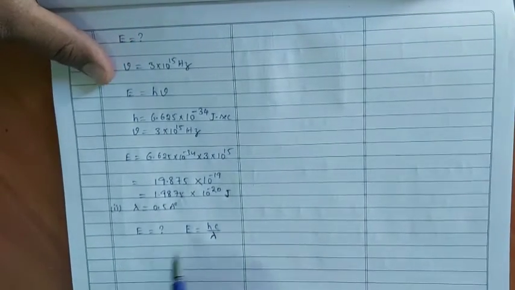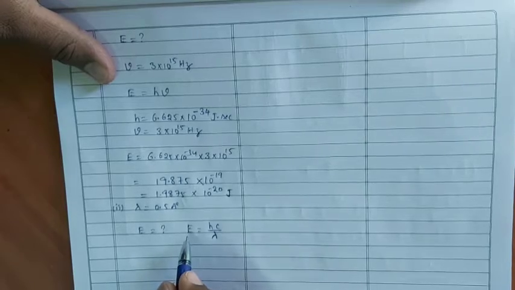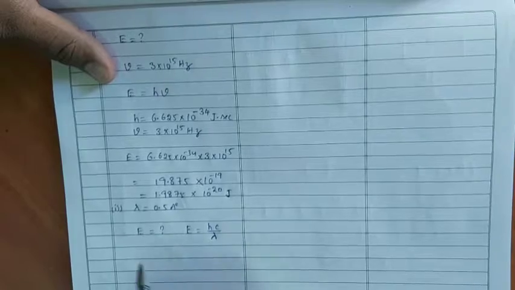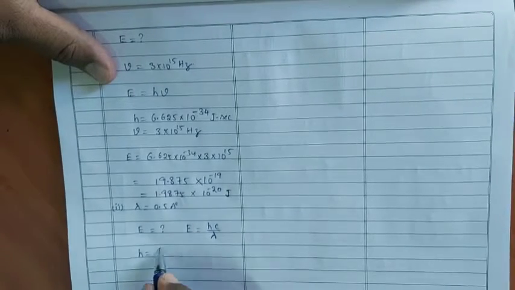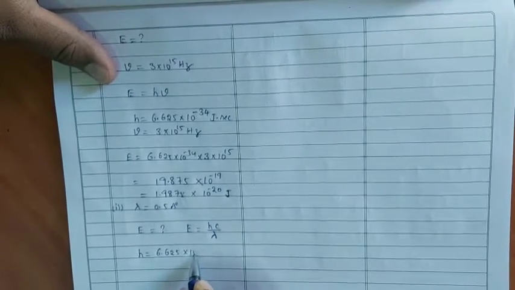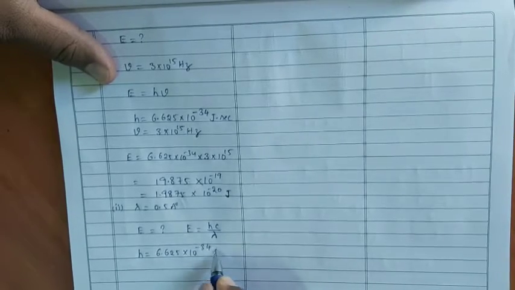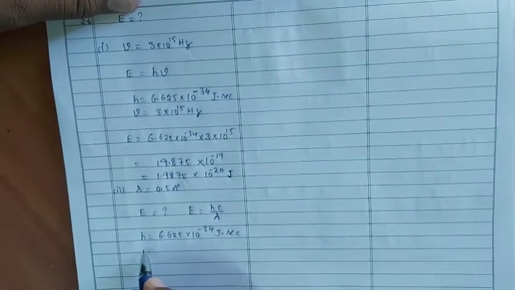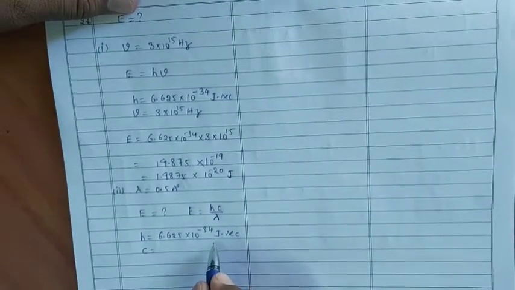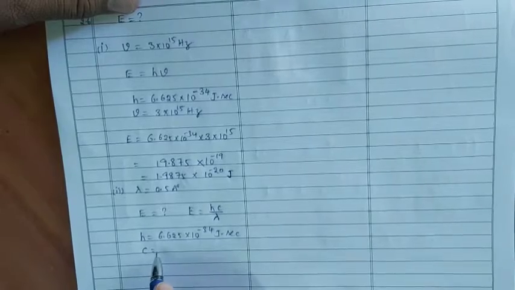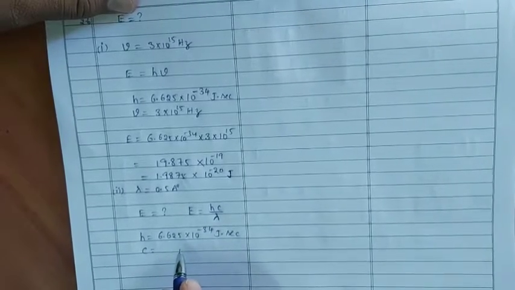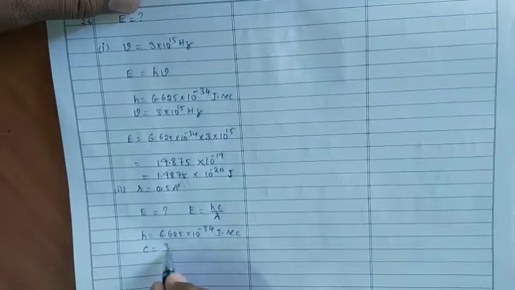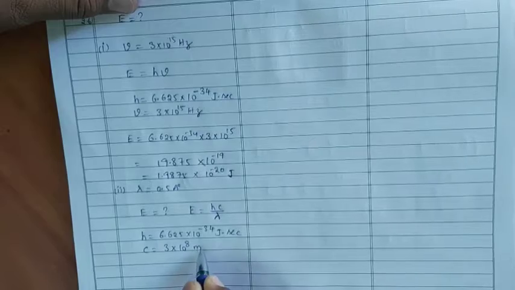Okay. Now, what are the values useful for doing this E value? H value we have to know, C value we have to know, lambda value they give. H is equal to 6.625 into 10 power minus 34 joule second. Next, as I have taken H value in joule second, C value I will take in meters, because in MKS only all the units must be taken, or in CGS we can take all the units. 3 into 10 power 8 meter per second.